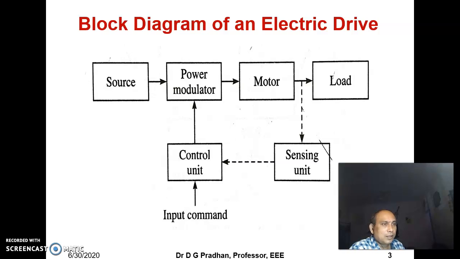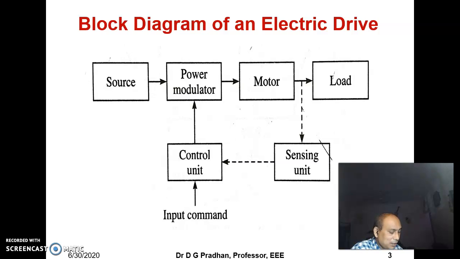This block diagram of the electric drive system consists of various parts: source, power modulator, motor, mechanical load, sensor or sensing unit, and control unit. So these are the parts of the electric drive.